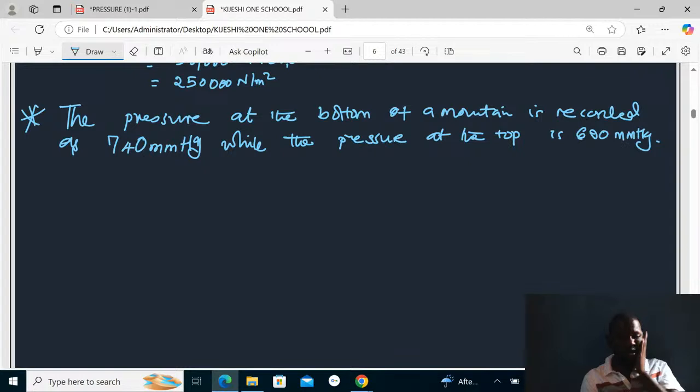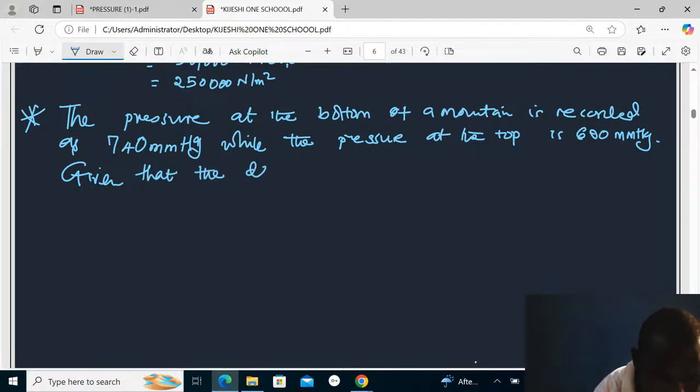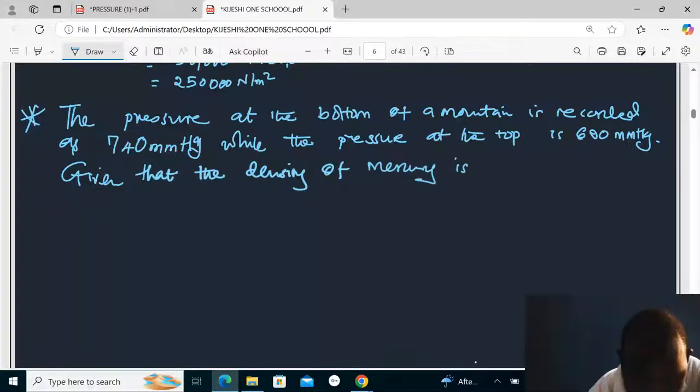Then be told, given that the density of mercury is 13,600 kilograms per cubic meter.